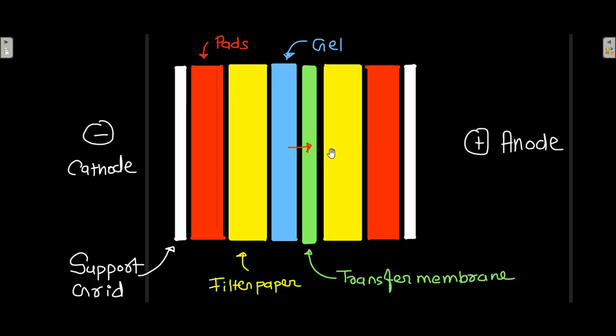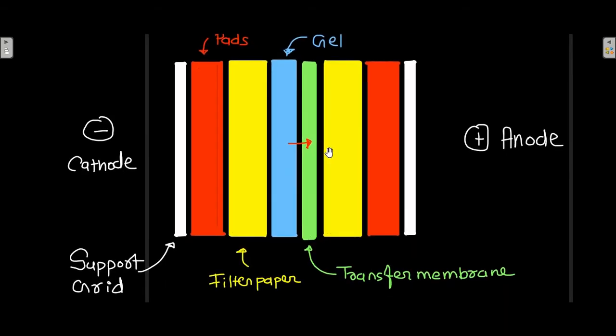So this is how it looks. This is your setup for immunoblotting. You have the cathode here, the anode here, and these are the support grid, then pad, then filter paper, then the gel, then the transfer membrane, and these three things are there to support. Your gel has the proteins and is placed on the side of the cathode, and on the side of the anode you have the transfer membrane.